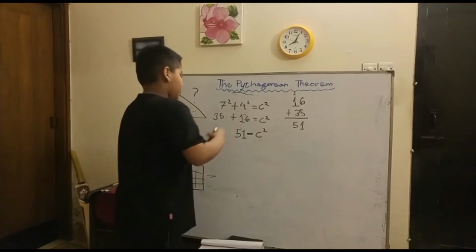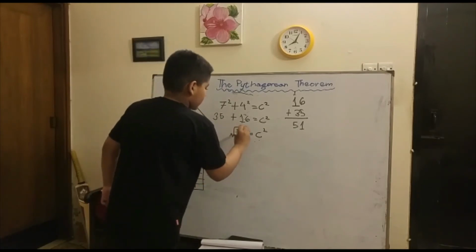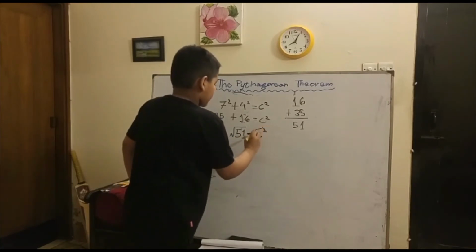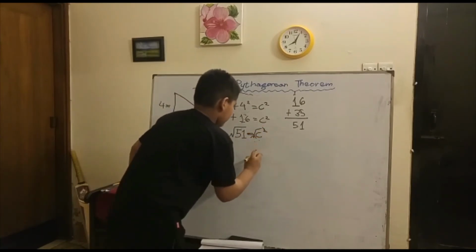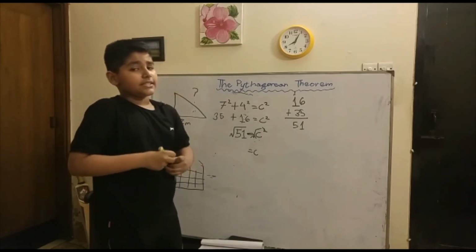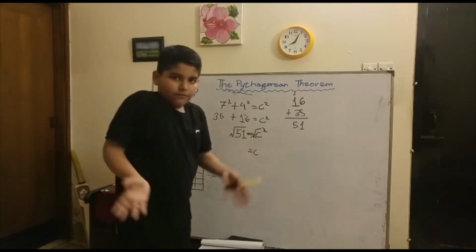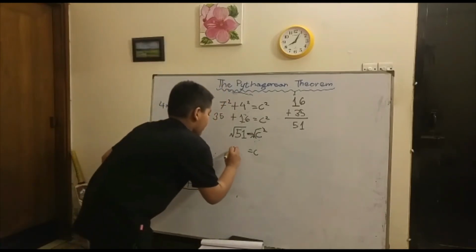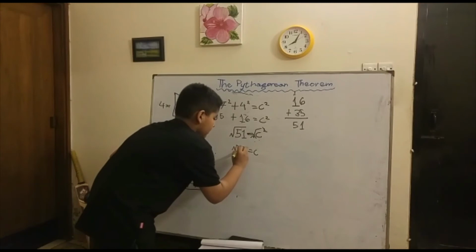See the application? Now the square and the square root cancel, leaving c all by itself, but the hypotenuse, you know, isn't a perfect square. So we would just write the square root of 65.